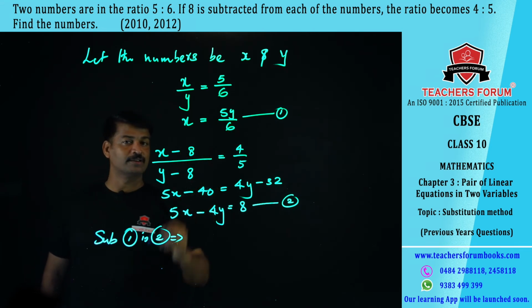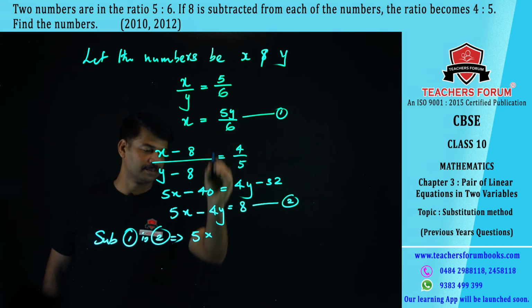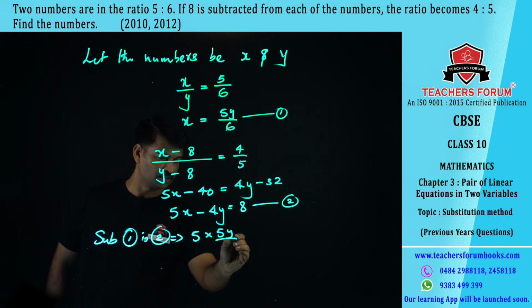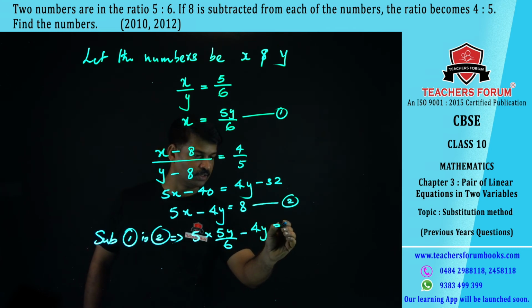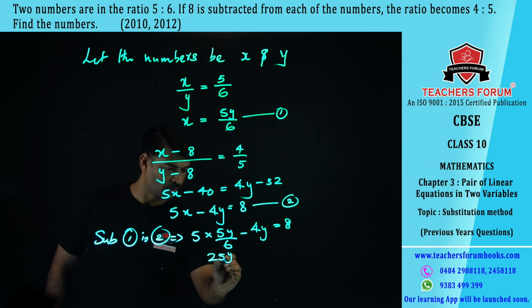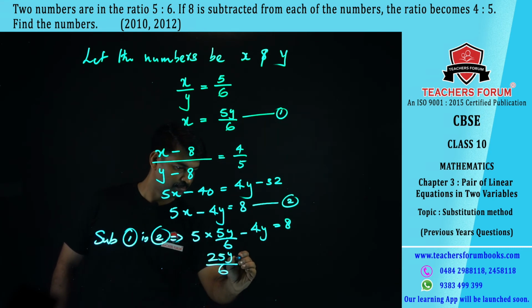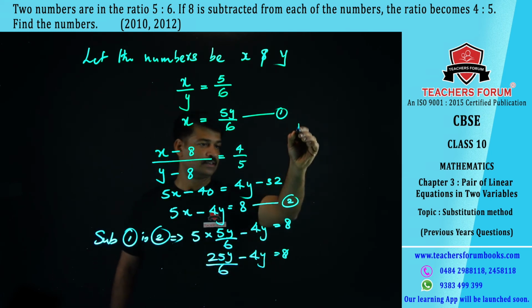Instead of x, you should write 5y by 6. Then it becomes 5 into 5y by 6 minus 4y is equal to 8. 25y by 6 minus 4y is equal to 8.